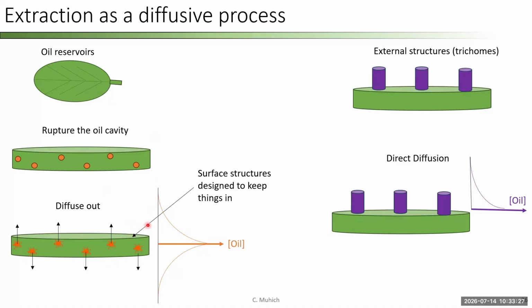If I have an external structure, our trichomes, we can directly start having diffusion once I'm exposing it to either temperature or concentration gradients, because we don't need to rupture those cells or disturb the leaf's surface. But we're still going to end up with this drop off in concentration as I move away from the leaf surface.